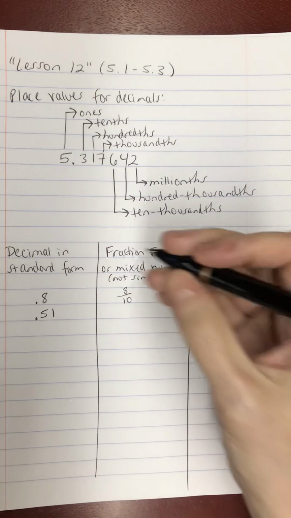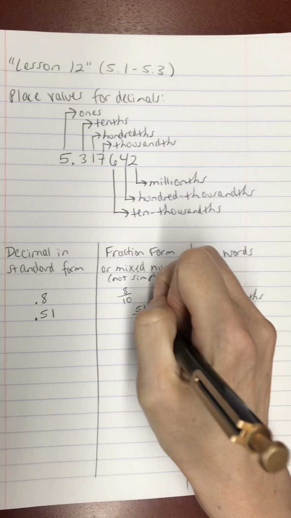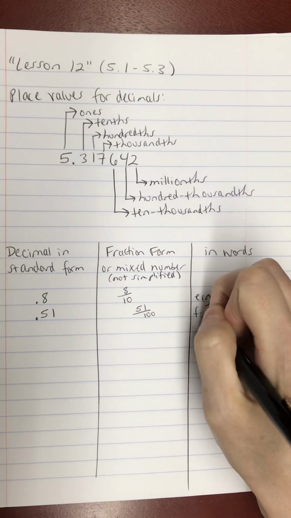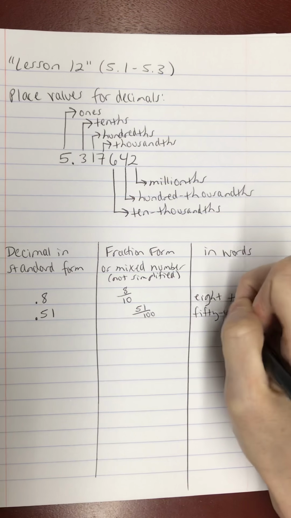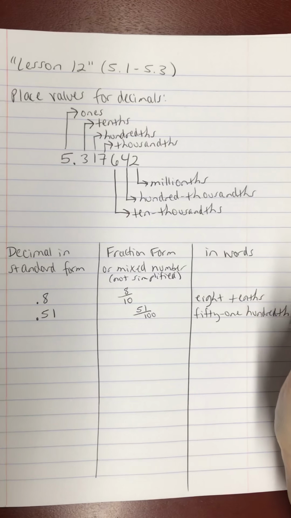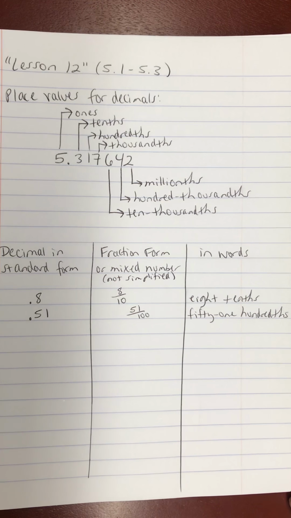So the answer for the fraction here would be 51 hundredths, 51 over 100. And of course, if you were going to write that out in words, you would write 51 hundredths.